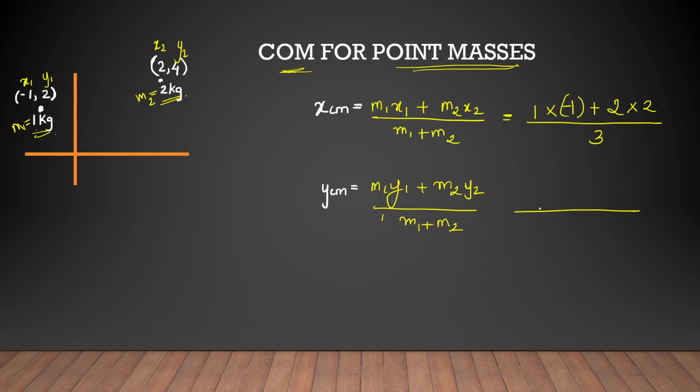Here we get denominator as 3 again. Numerator we write it as 1 multiplied by 2 plus mass of m2 is nothing but 2 multiplied by y2 is 4. On substituting all the values, we get xcm as 1 and ycm we get as 10 by 3. So these are the coordinates of the center of mass for point masses.